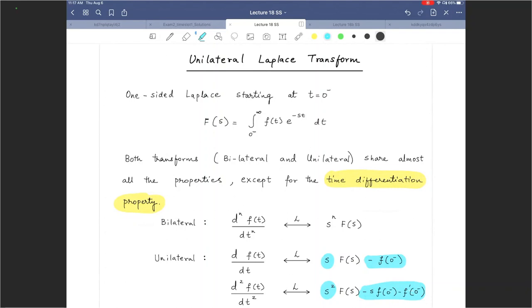So we need to also include those terms. Let me highlight them in a different color because they are different from this. Initial state evaluated at time just before 0.